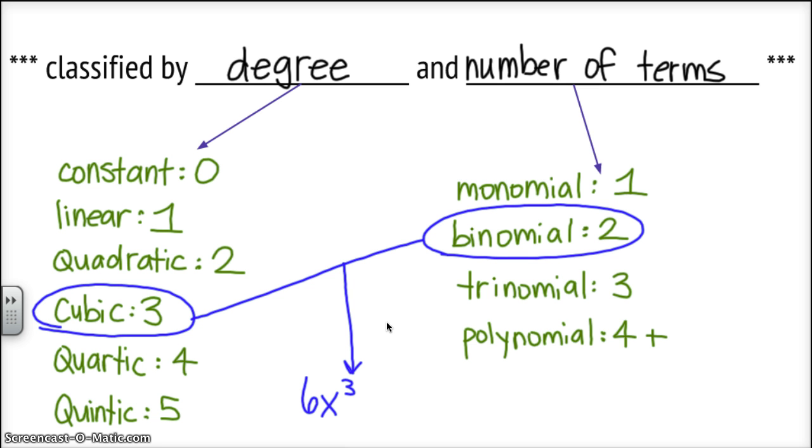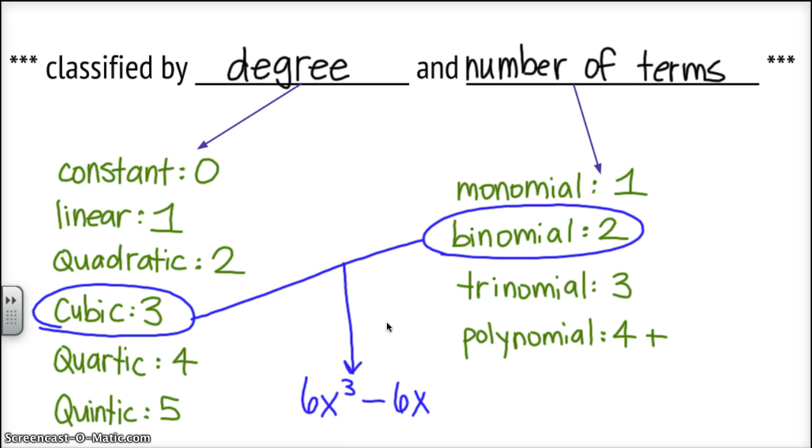So for my second term, binomial, 2 terms, my choices are an x squared, x to the 1st, or a plain old constant. So I'm just going to say 6x to the 3rd minus 6x. 2 terms, degree of 3, that is a cubic binomial. So just a quick example for you.